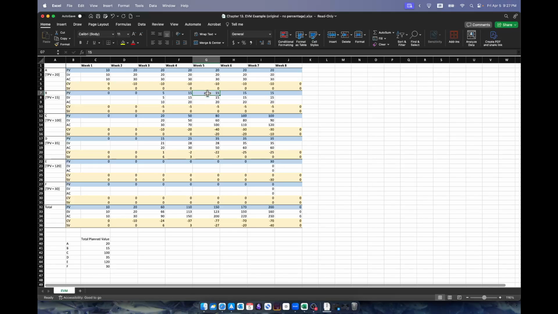Okay, so again, I want to remind you this 15 is total planned value multiplied by the progress expressed in terms of percentage. And this is also total planned value multiplied by a percentage that represents the actual progress that you have made. So when you use the earned value method to check progress of a project, you typically look up a percentage. This percentage can be your ballpark estimation.